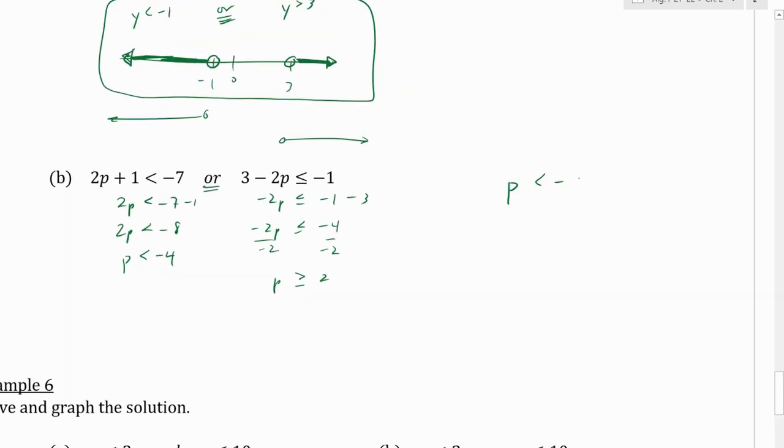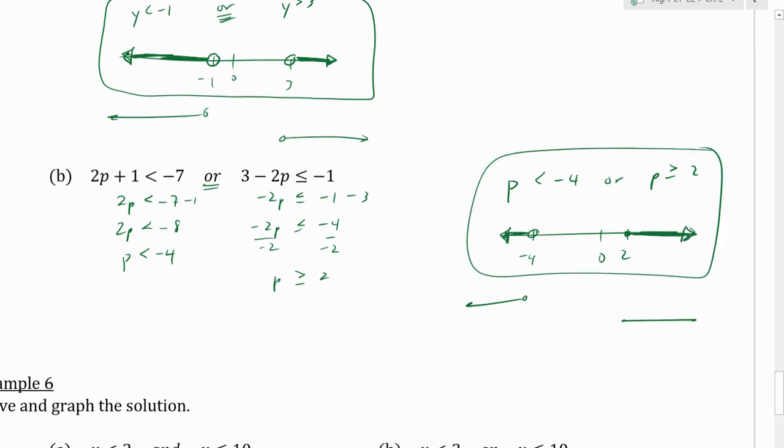P is less than -4 or it's greater than or equal to, if I graph that, oops, not 4, -4. Less than, put it all on one graph. That's the best I can do. So that describes it.